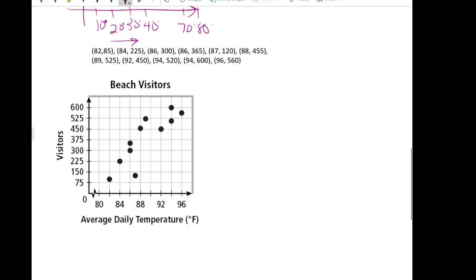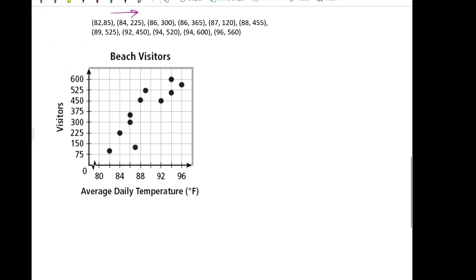Okay, well, I want to do one other problem type for you, and that is when you're given a set of data, I want you to plot that on a coordinate plane, and then we're going to analyze it. So in this case, to spare you my poor handwriting, I typed it ahead of time. Here are my ordered pairs.